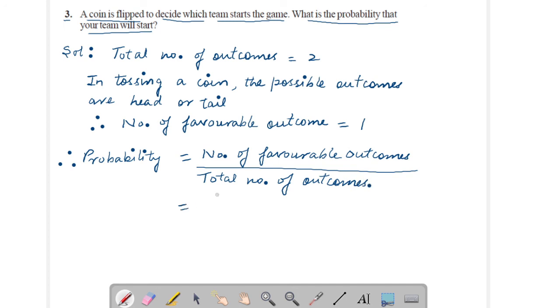Equal to the number of favorable outcomes, which is 1, upon the total number of outcomes, which is 2. Your probability is 1 upon 2.